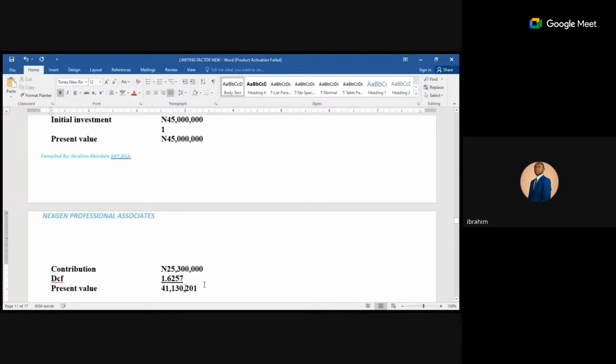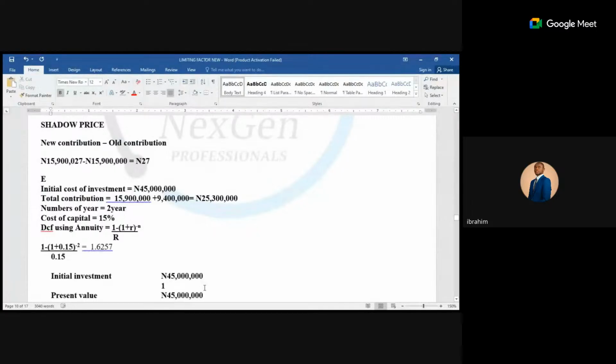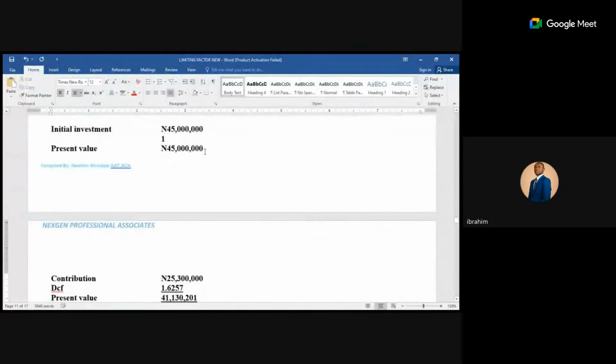Please understand the process. It's only important to understand the process. Net present value equals, you have to remove your initial outlay, your initial investment.